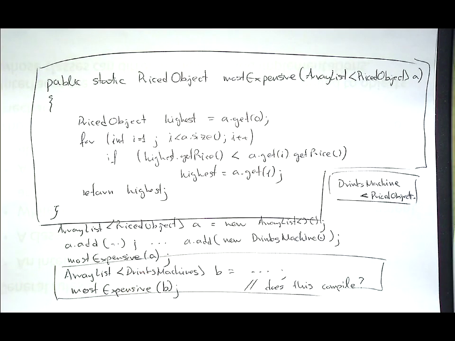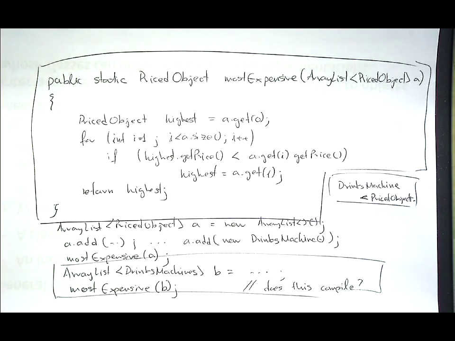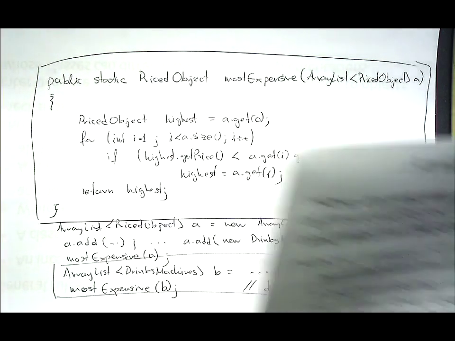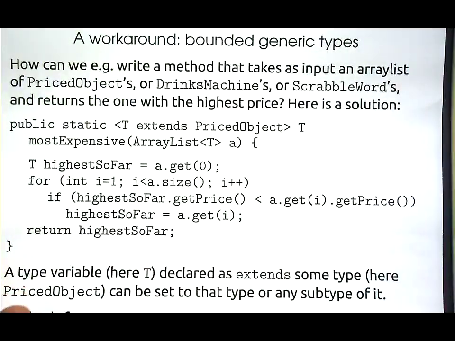So how can I change it so it becomes generic, in the sense that I can call the same code not only on an array list of priced objects, but also on an array list of drinks machines and Scrabble words? We cannot do it as it is, since Java will not allow us to compile. But there is another mechanism to do it, which is by using type variables.